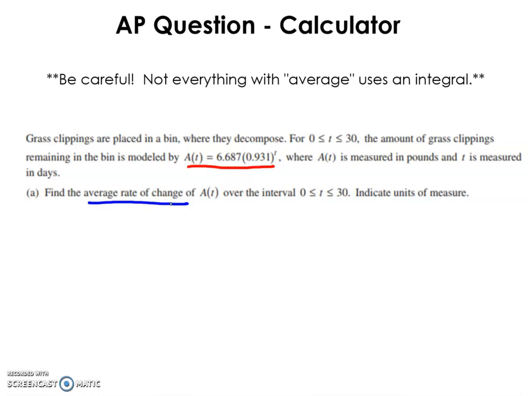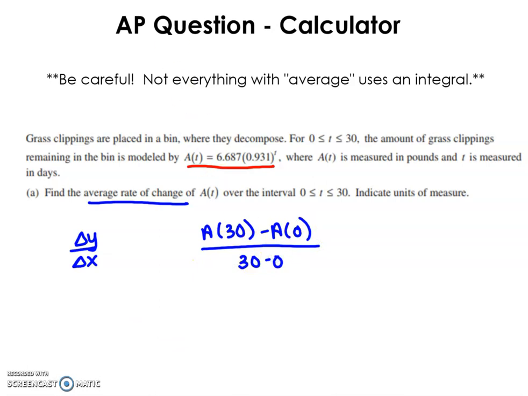So even though this is not necessarily part of this lesson on average value, let's just go over average rate of change again. So that's just basically change in y over change in x. So we're going to do A of 30 minus A of 0 over 30 minus 0. So if I plug in 30 for the t in my A of t function, that's going to give me 0.783.